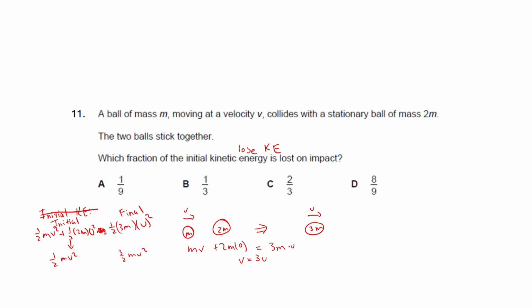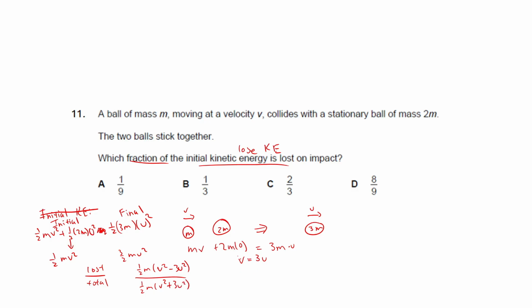So the question is what fraction of the initial kinetic energy is lost? So we have to find the lost over total. So then we get 1/2 m v squared minus 3u squared, over adding these two, 1/2 m of u squared plus 3u squared.